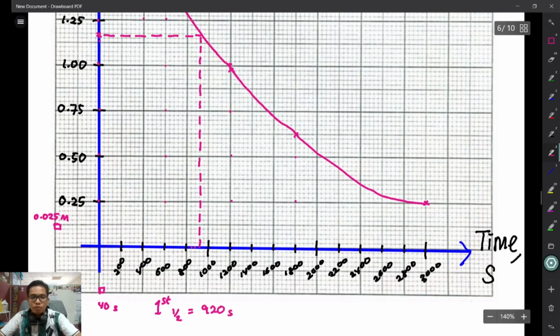Kita buat second half life. 2.32 bagi 2, 1.16 tadi. So bagi 2 lagi sekali. 0.58. Bagi 0.025. 23.2. 23 kotak. 10, 20. 1, 2, 3.